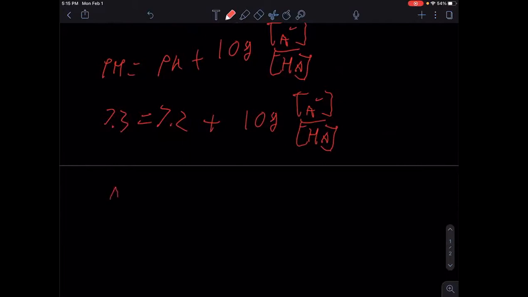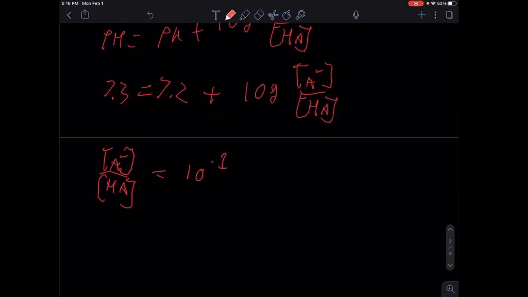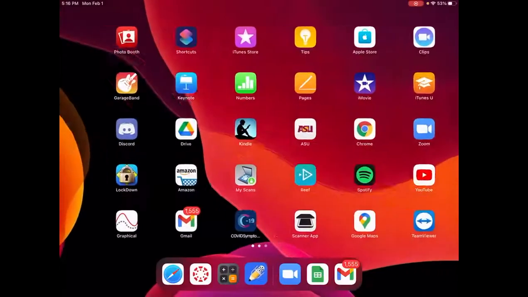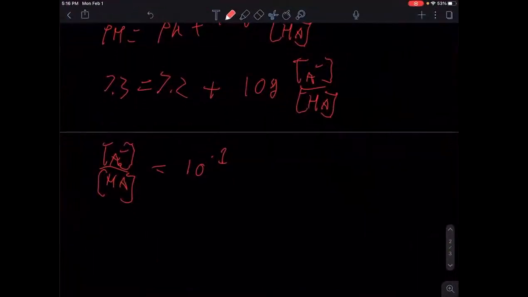So we have 10 to the 0.1, which I think would be... someone calculate that and tell me what the number is, more interactive that way, I'm too lazy to get a calculator. That's 1.25.